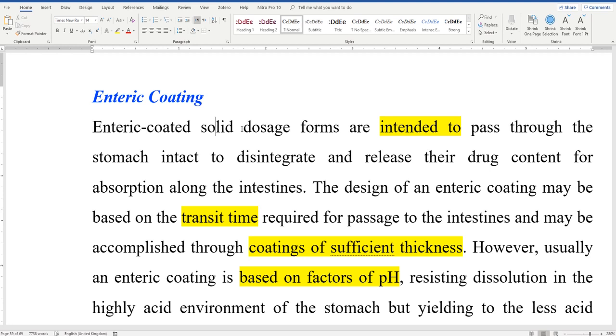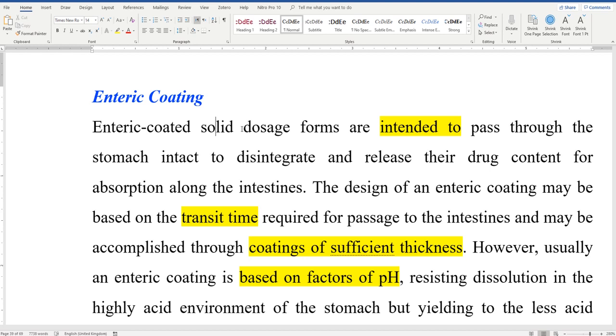What does transit time dependent mean? We apply coating with sufficient thickness so that when all the coating dissolves, the tablet at that time will be in the intestine already. Do you get it? The coating will dissolve even in pH conditions of acid, or in the stomach, it will dissolve.